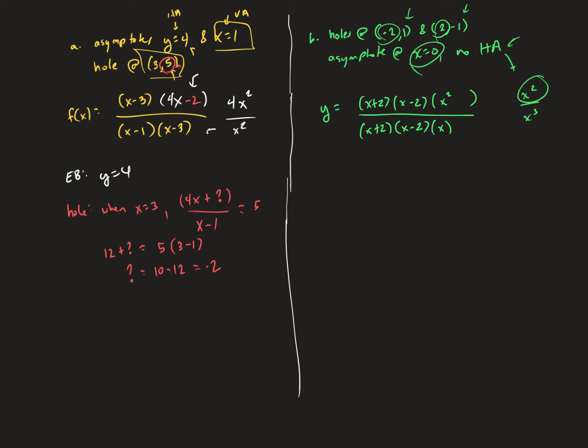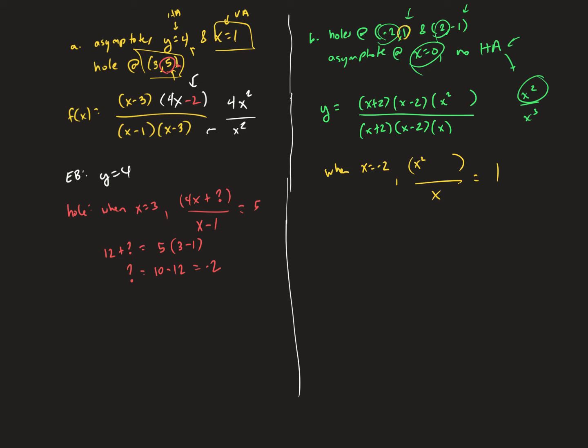So now we turn to the hole. We have two values for the hole, 1 and -1. Let's focus on the 1. So let's see. I want, when x equals -2, my simplified version of my fraction, which would be this x squared factor, whatever it is, over x, to equal 1.